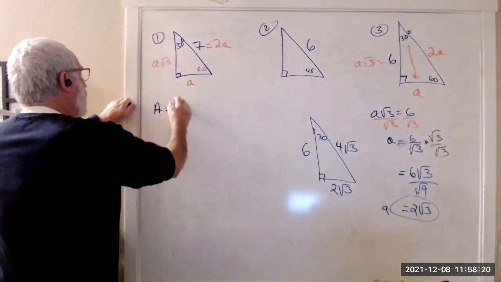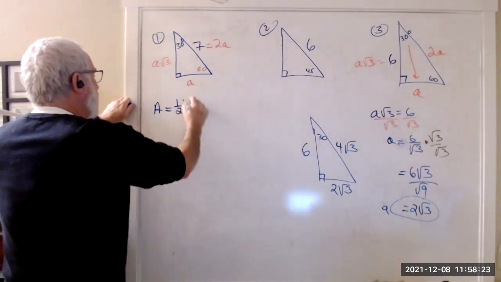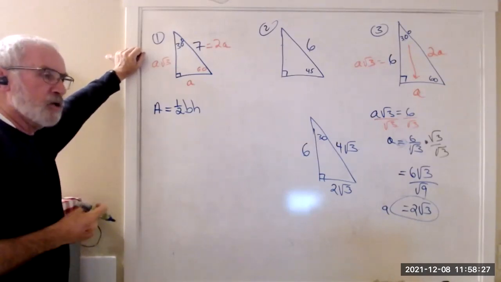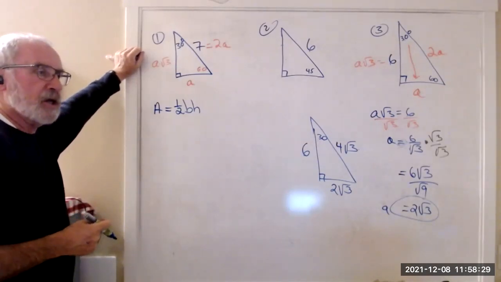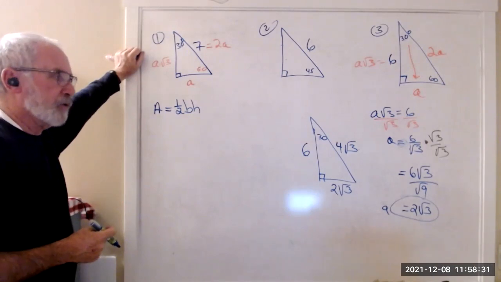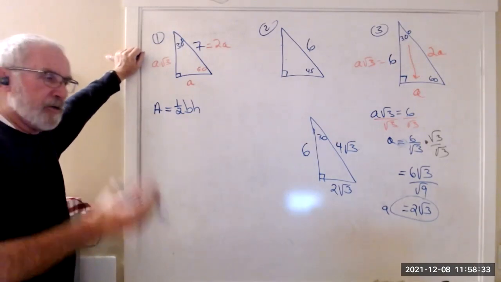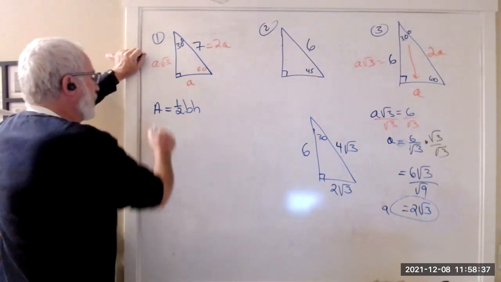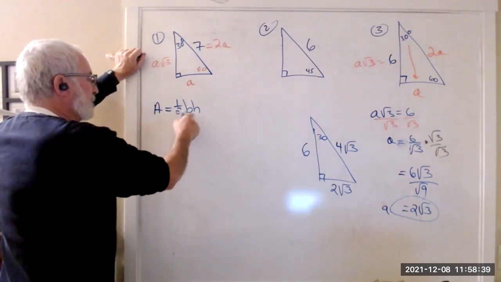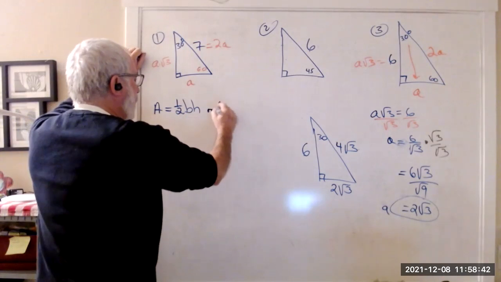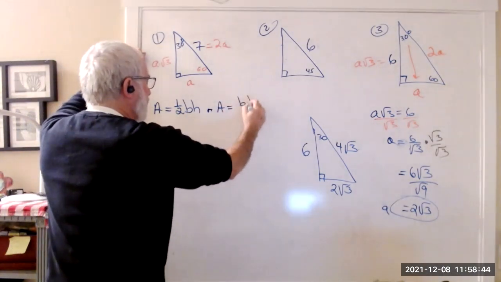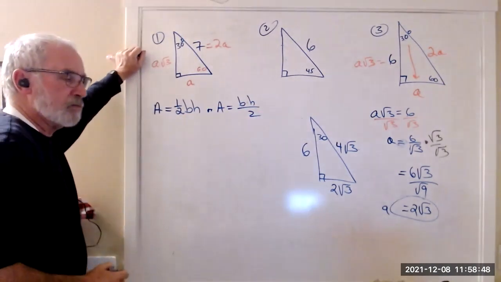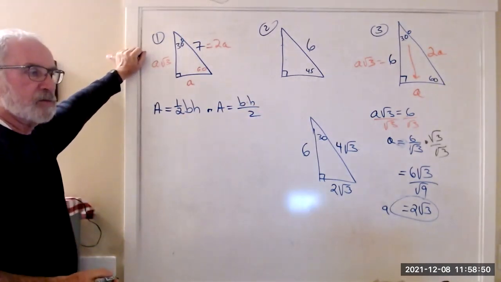Way back at the beginning of the semester, I gave you a whole list of formulas that I said you should know in your sleep by heart because they'll come back and bite you. Area of a triangle is one of them. Now there are 2 formulas for area of a triangle. Either area is 1/2 base times height, or area is base times height divided by 2. Whichever seems easier for you, they'll both give you the same answer.